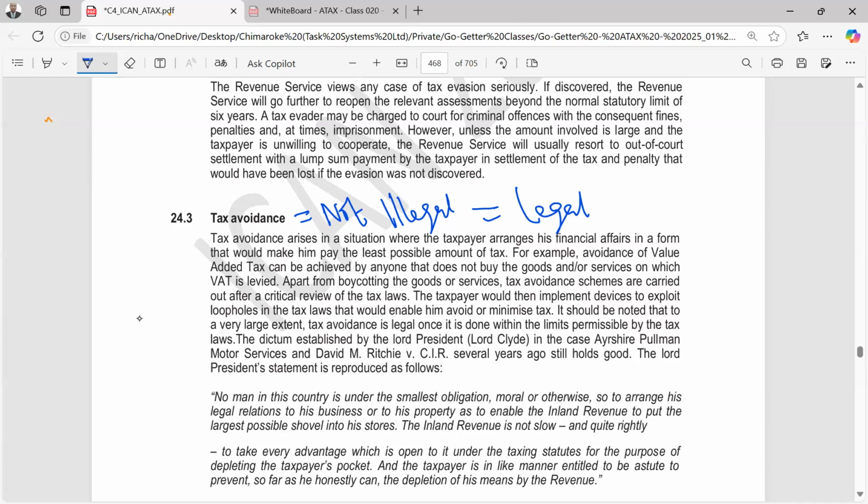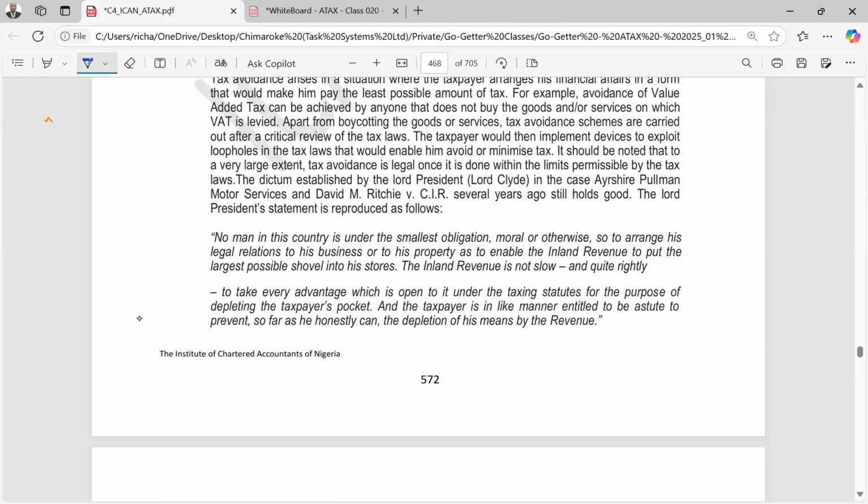You will not be paying taxes. When you plan to invest in rural investment, and you get rural allowances, that's tax avoidance, because these are going to be used to reduce your taxes. So you see, tax avoidance, you use the loophole of the tax law.